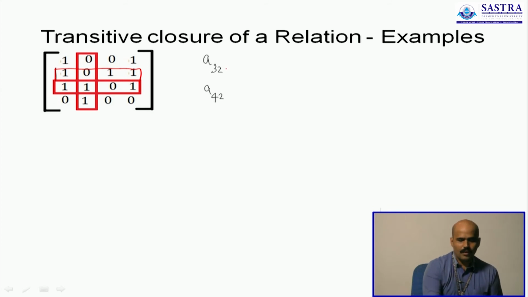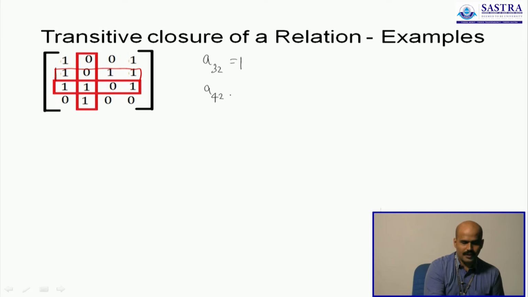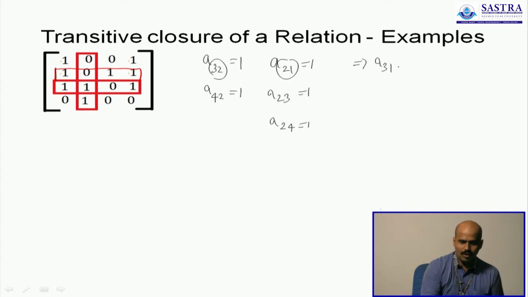The second row. A32 is 1 and A42 is 1. And the elements in the second row are 2 1, 2 3 and 2 4. So 3 2 and 2 1 will mean that 3 1 is 1, which is already there. You don't have to change it. No change.